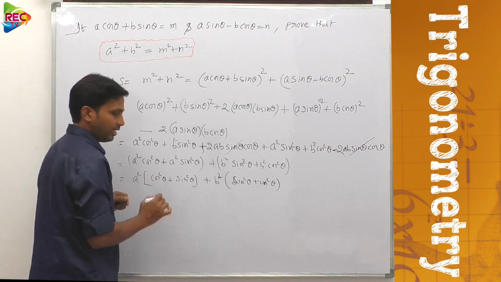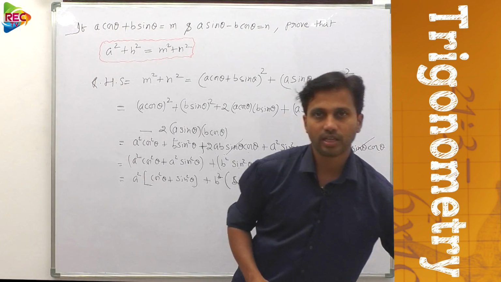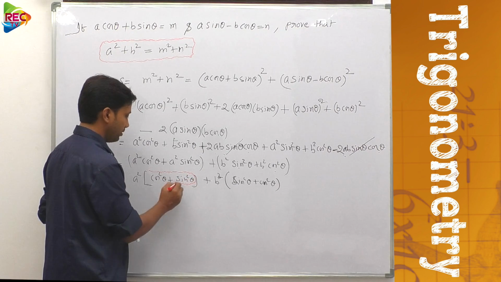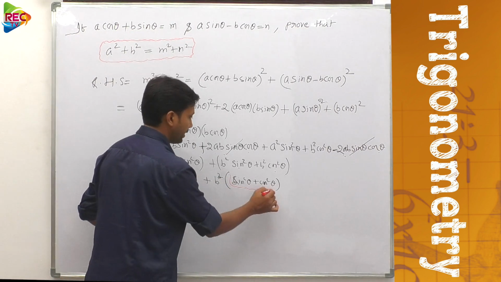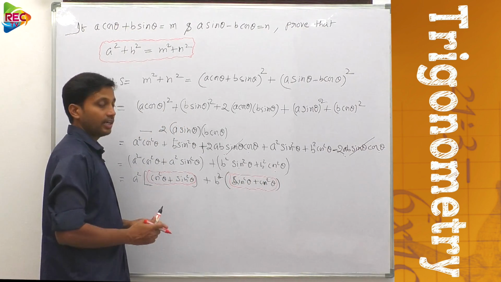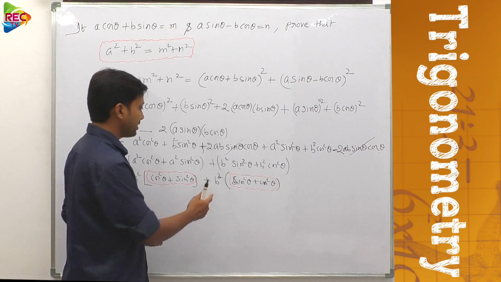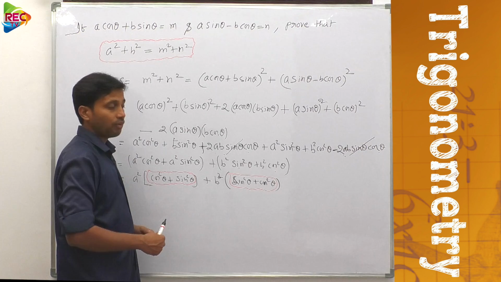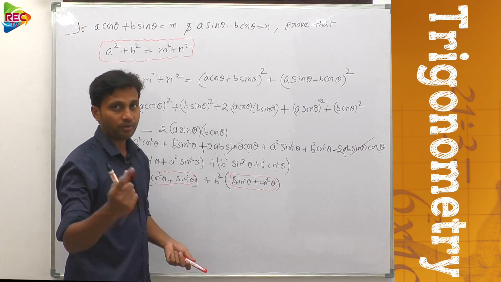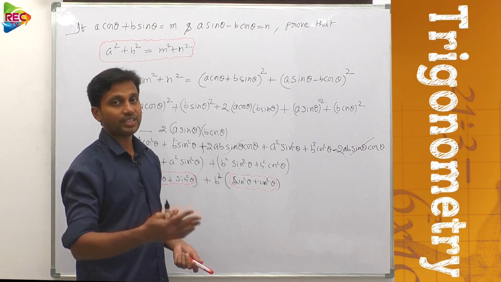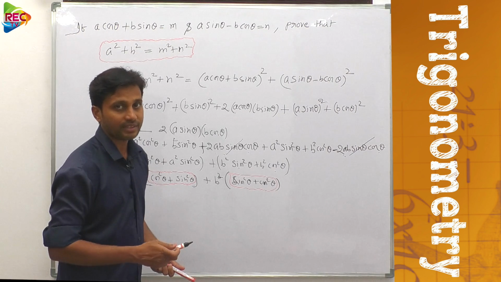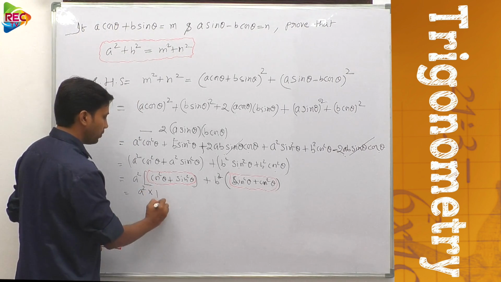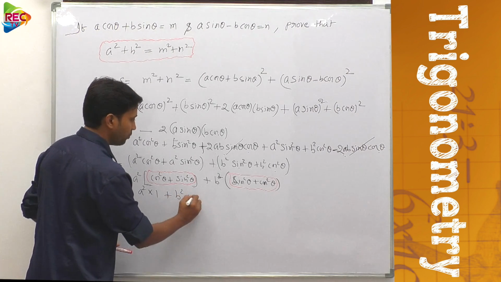Now here we can highlight the trigonometric identity: sin square theta plus cos square theta, and here also cos square theta plus sin square theta. And the value of this would be 1, because sin square theta plus cos square theta equal to 1 is a standard identity from trigonometry. So here we can write a square into 1, plus b square into 1.